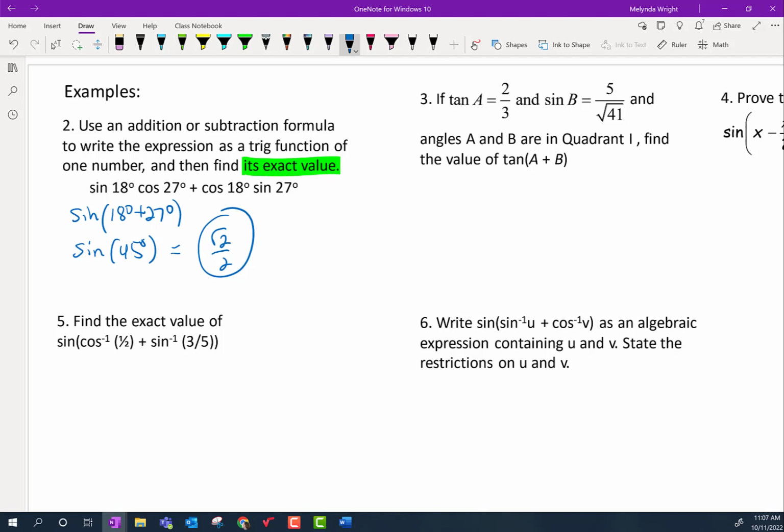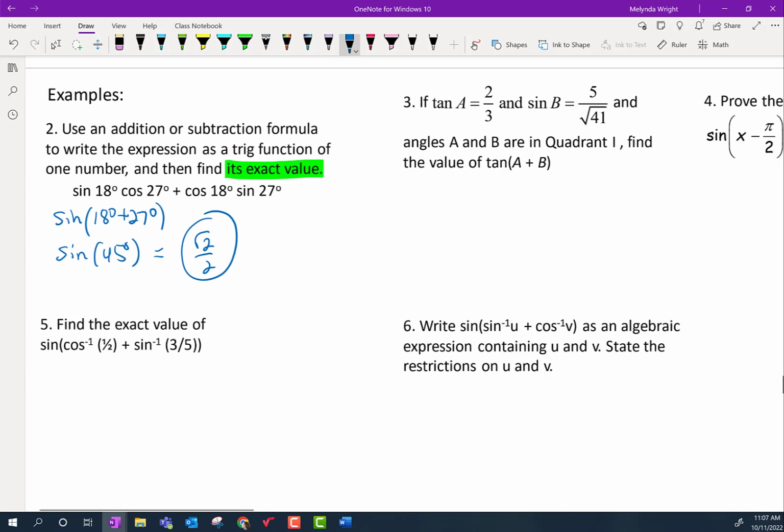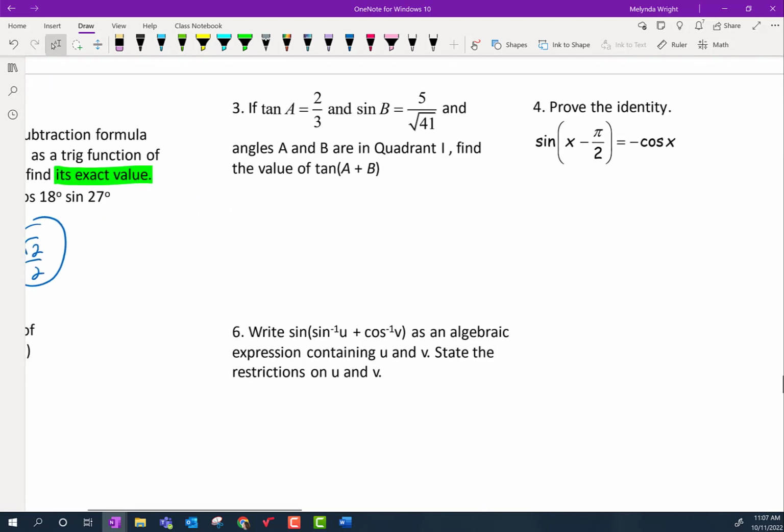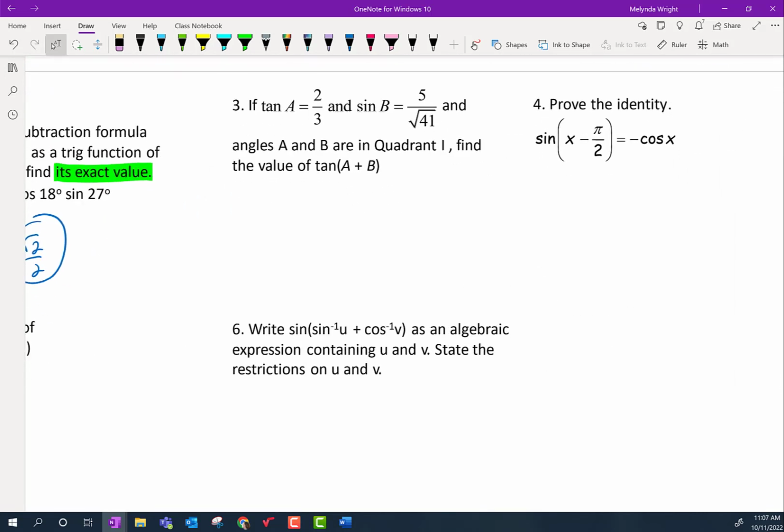Okay. All right. Now, number 3 takes into account 2 different angles, and you're going to be faced with some of these. These angles are in quadrant 1. And if we look at tangent of A is 2/3, well, that's not a unit circle value, right?